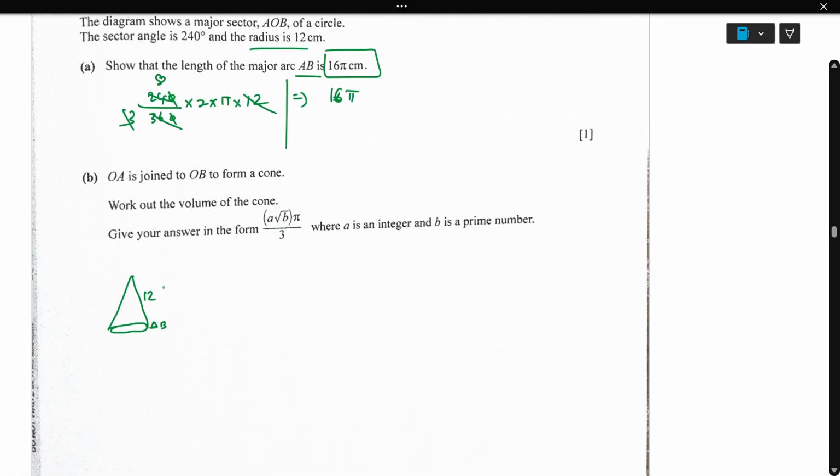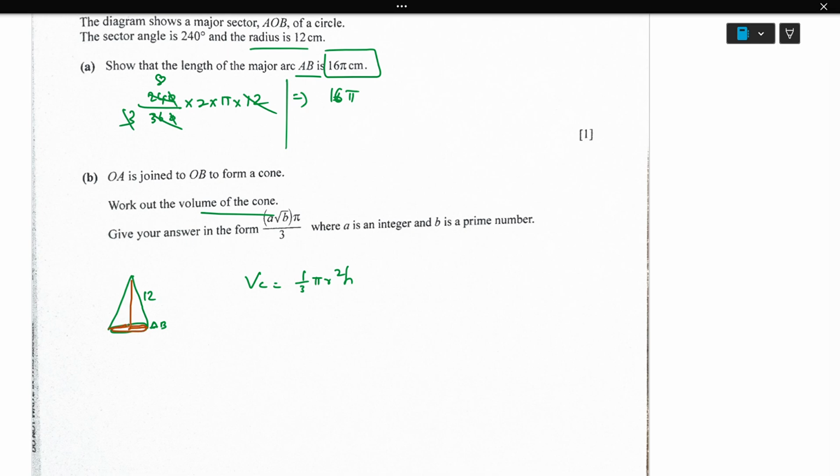So we need to find the volume of the cone, which is 1 by 3 pi r square h. So we need the radius and the height. First we need to find the radius, and we need to find the height as well.